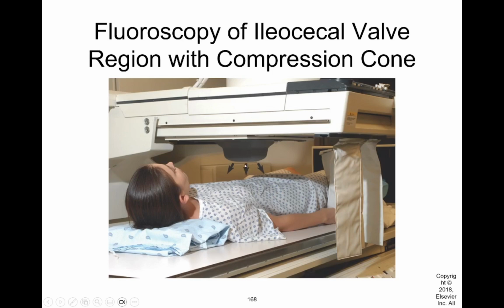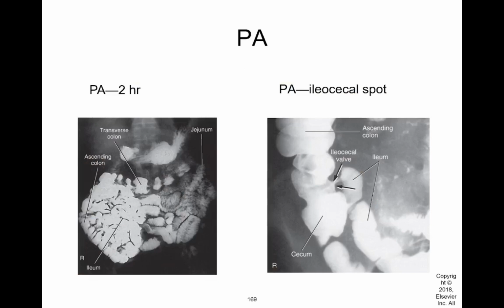You're not going to hang off this thing and really mash the patient real hard, but you can use that to compress the bowel to try to move things out of the way so that you can see the ileocecal valve. Or you can flip the patient over and shoot them prone with that compression device, the paddle.